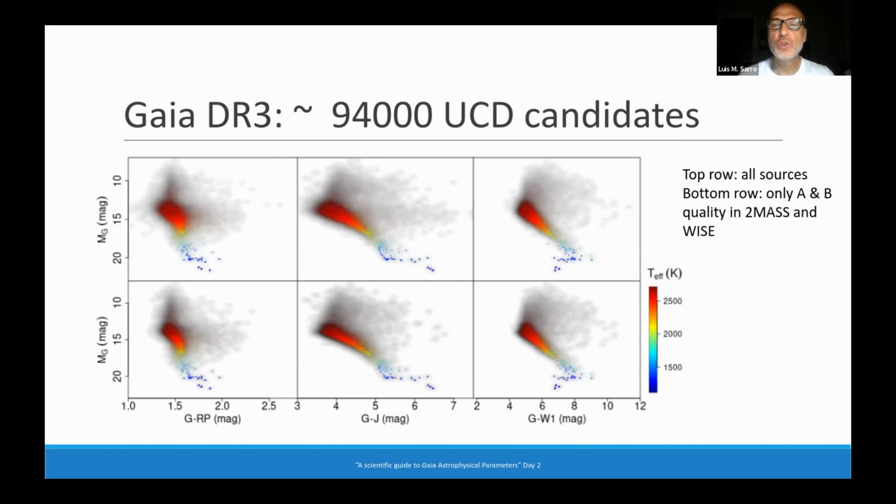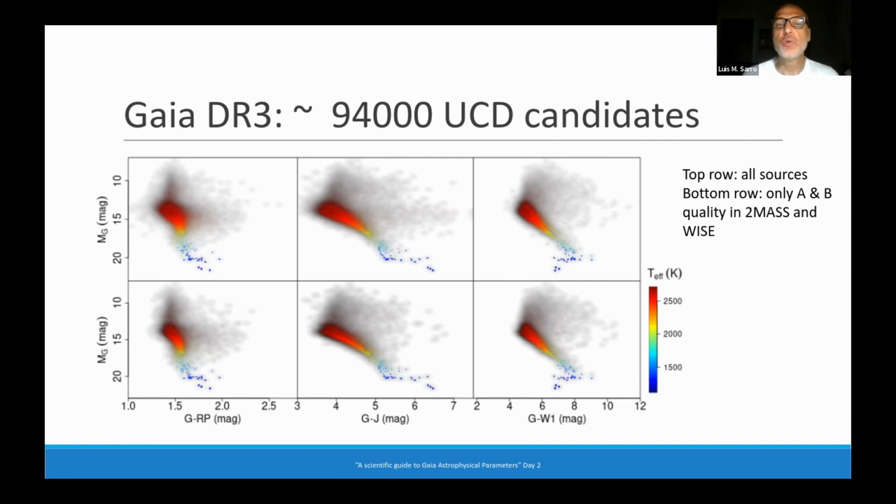The top row shows you all 94,000 sources in three color absolute magnitude diagrams: G minus RP on the left, so that is all Gaia magnitudes, G minus J in the middle plots, where J is the 2MASS band, and G minus W1 in the rightmost column, W1 being from WISE.